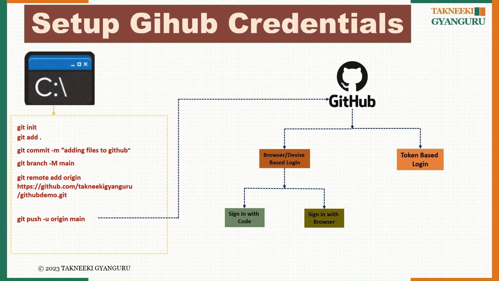Based on your requirement, you can create a token from GitHub, and once you create it, you have to choose token based login, and it will ask you for the personal access token. Once you give the token, if it is correct, if it is authenticated, then it will automatically push your code to GitHub, right?